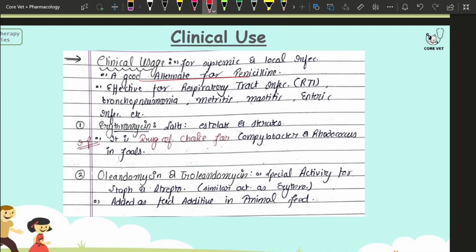So it is a good alternative for individuals who are not responsive to penicillin. If a certain patient is affected by a gram positive infection and is not responsive to penicillin, then a macrolide could be a good alternative, right? It is used for both local and systemic infection, and it is effective against respiratory tract infection, bronchopneumonia, metritis, mastitis, and enteric infection.